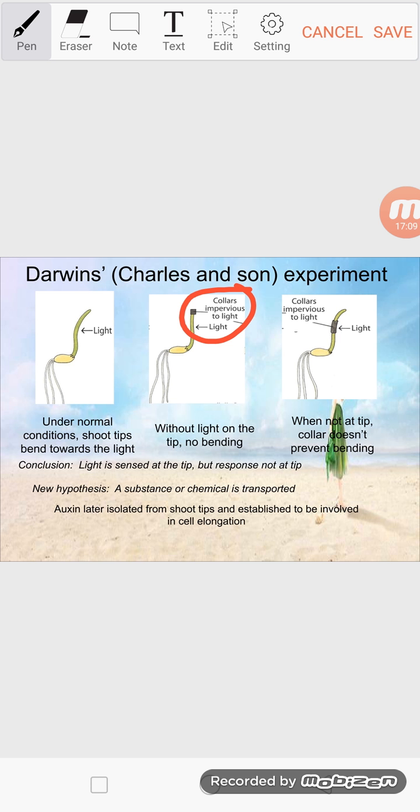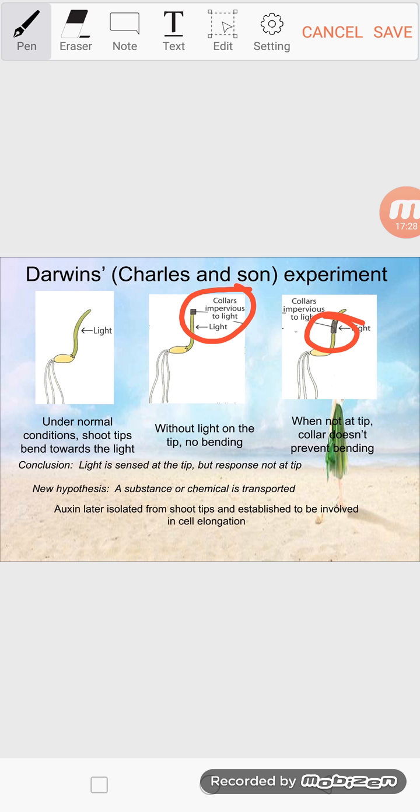Phototropism tu tak berlaku. Okay. Lepas tu yang ni pula, kalau dia tutup dekat tengah-tengah. Dia bukan kat ujung, bukan kat bawah, tapi kat tengah-tengah. Jadi dia kata bending tu berlaku. Dia punya phototropism tu berlaku.